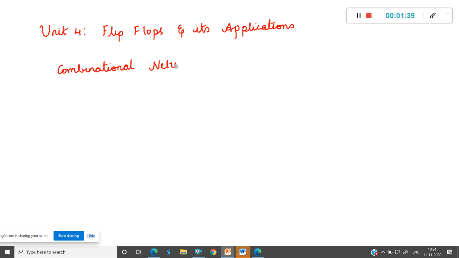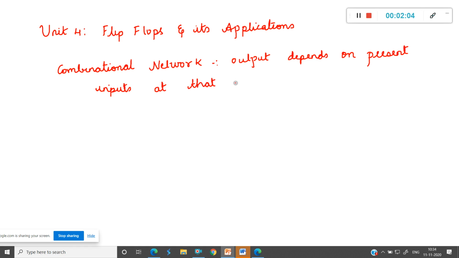A combinational network is a network in which the output depends on present inputs at that instant.